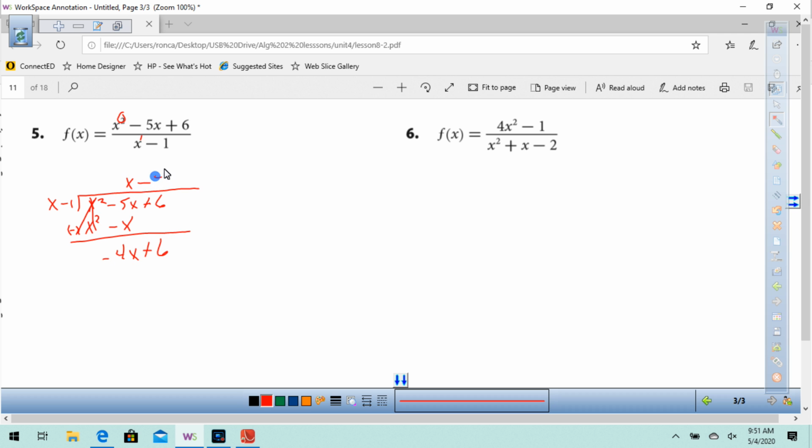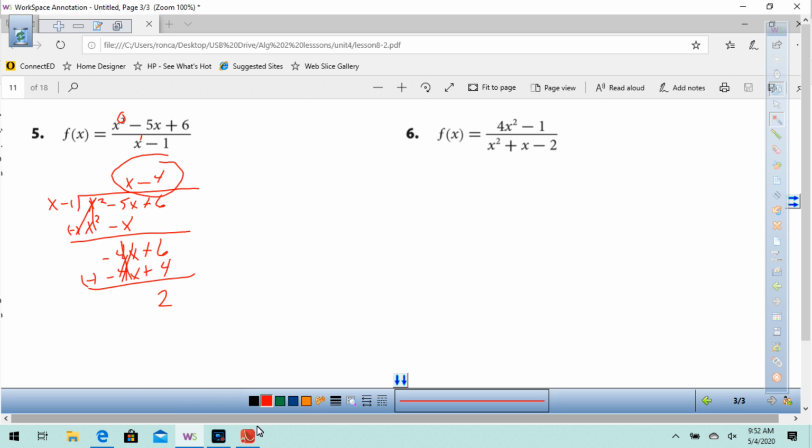So we're going to multiply this by -4. -4 times -4x plus 4. And if you subtract that, those will cancel out. And you got 6 minus 4, that gives you 2. Okay. Now, we need this right here because this is going to be really important here in just a second.